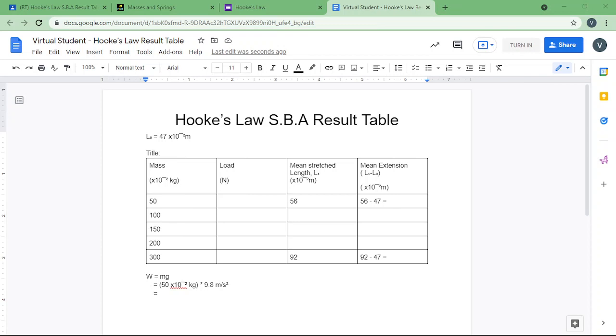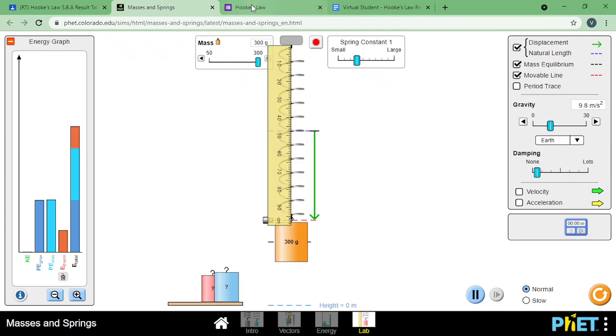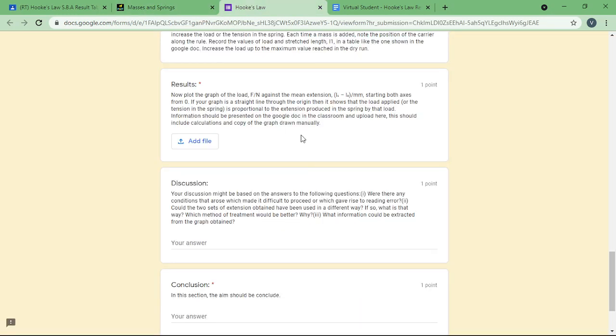Let's read what our graph is supposed to be. We're supposed to plot a graph of force against mean length, and they say it should be mean. This will change because the reading was taken in centimeters and not millimeters.